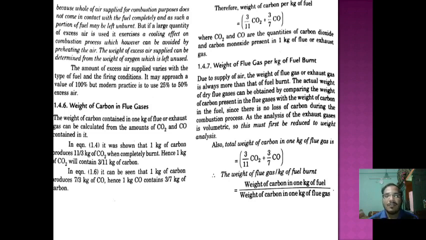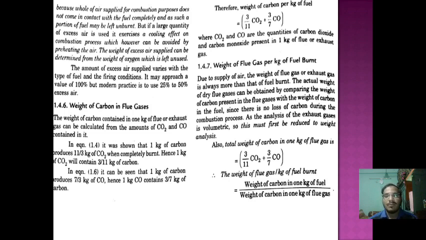Now, the weight of fuel gas per kg of fuel. Here we are saying the weight of fuel gas, that is carbon gas, per kg of fuel burnt.